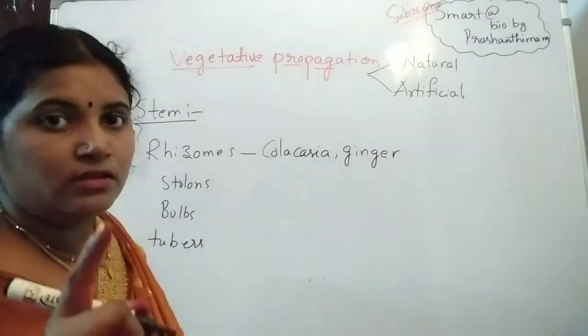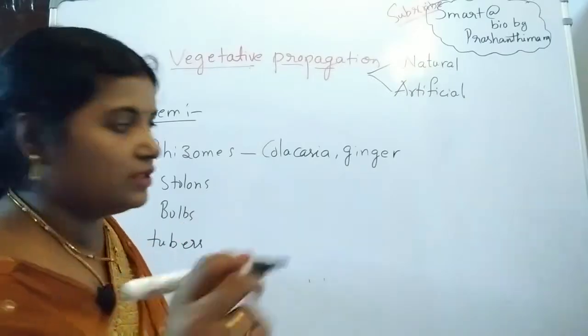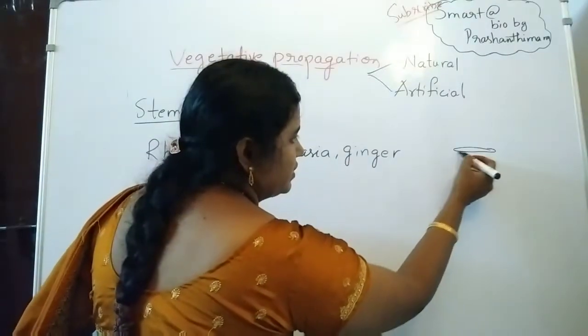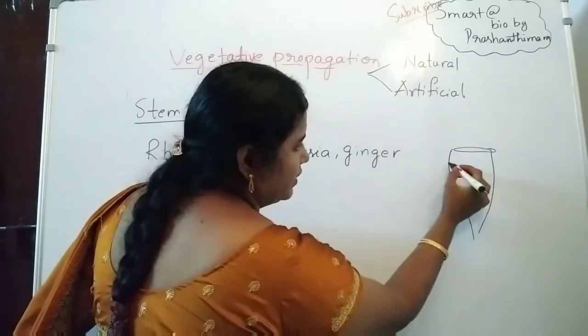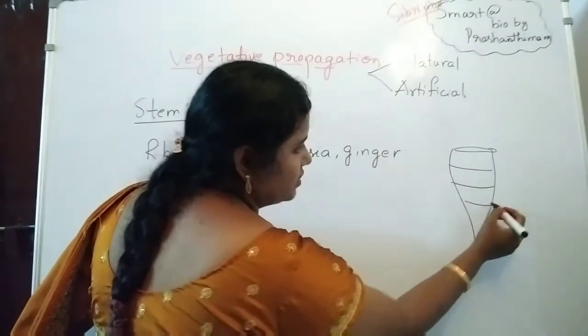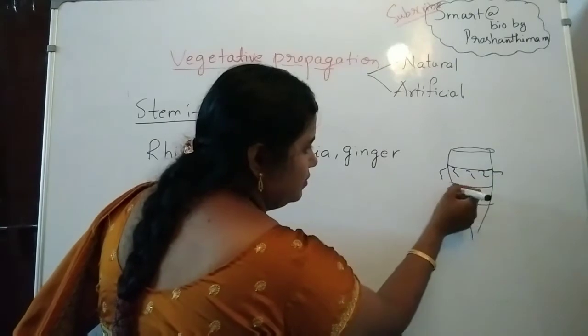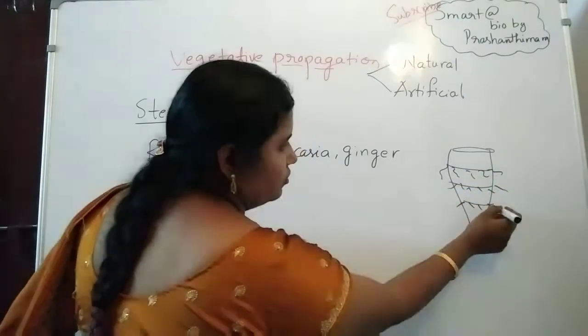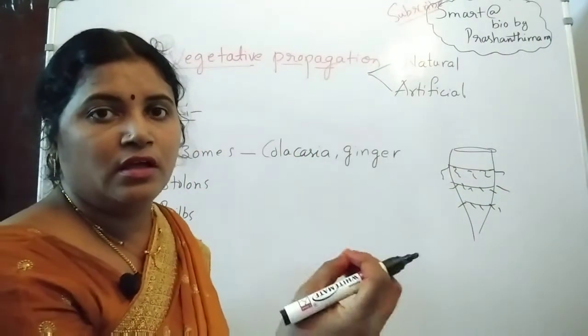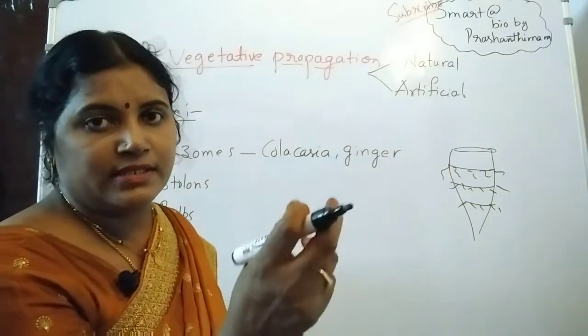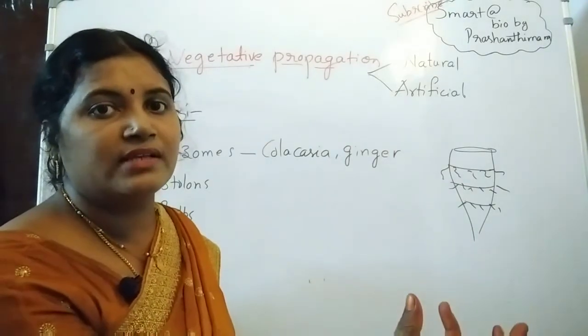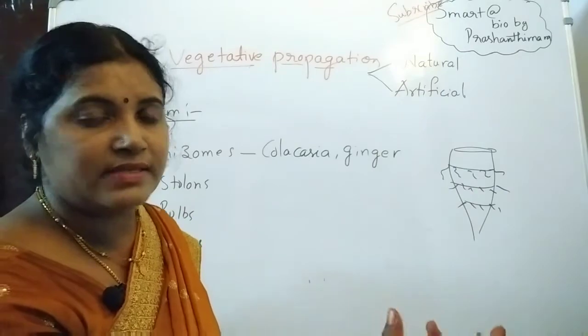If you see colocasia, down below it contains knots on the surface. From there roots are going to grow, and the colocasia itself grows as a new individual plant.